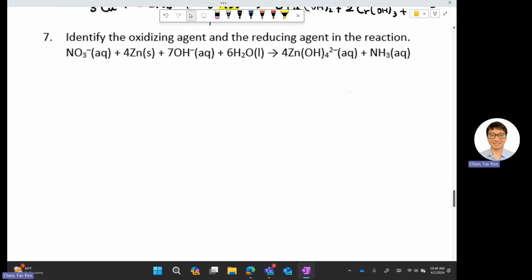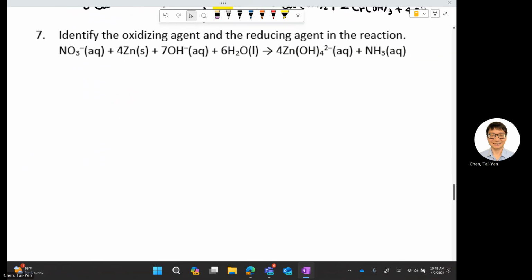Question number 7. Identify the oxidizing agent and the reducing agent in this reaction. Okay, so again, first of all, we need to analyze the oxidation numbers, right? So if you look at this, NO3 minus, right? It's -2 multiplied by 3, so it's -6.